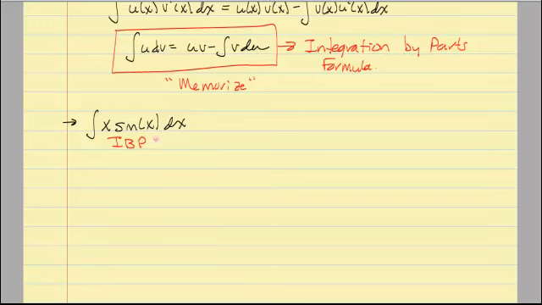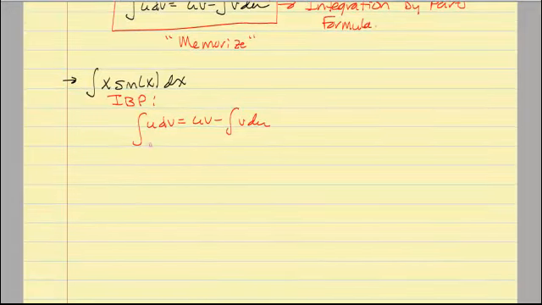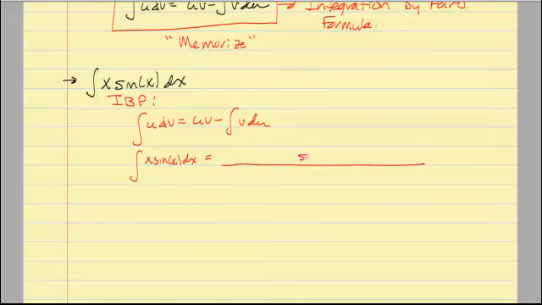Integration by parts, IBP. Now when we use integration by parts, I want to match this formula: the integral of u dv, uv minus the integral of v du. So with integration by parts, I have to choose this left-hand side. So in other words, I need to make x sine of x fit this mold somehow. And then from here, this will give me my solution.